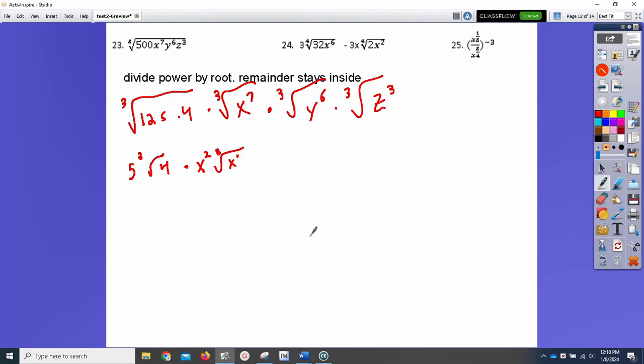Times 3 is 6, add 1 is 7. 3 enters 6 twice, remainder of 0. 3 enters 3 once, remainder of 0, so nothing inside. And then I'm going to put all my radicals and everything together. I have 5x squared y squared z, cubic roots of 4x. Oh, simplification. All right, that's 23.